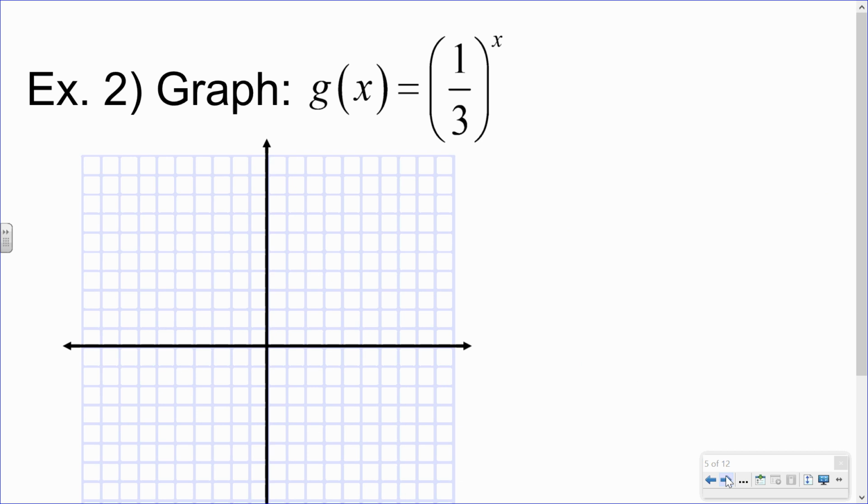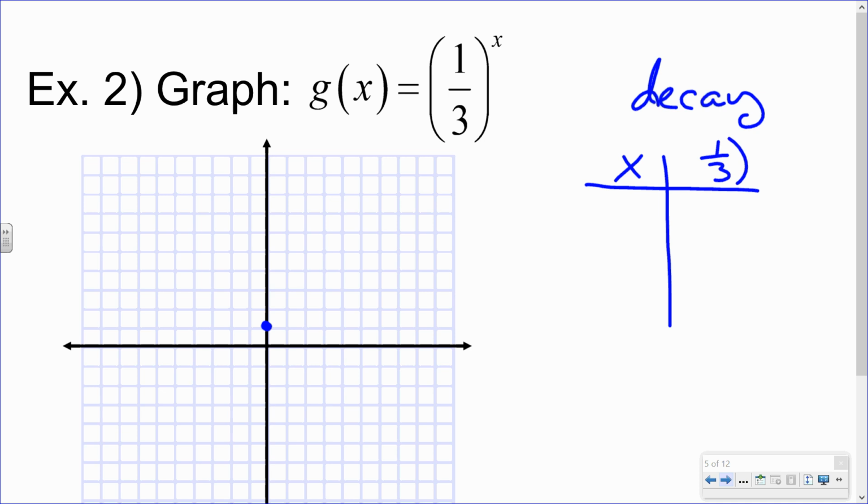One more of those. So growth or decay this time? Decay. Y-intercept. So 0, 1. Since it's decay, we're interested in points in the second quadrant. So we need negative x's to plug in. So if x is -1, this is a third to the -1, which is 3, so we plot -1, 3.